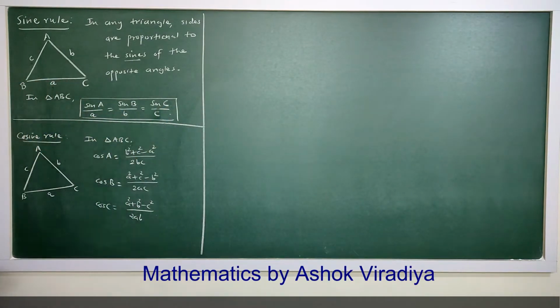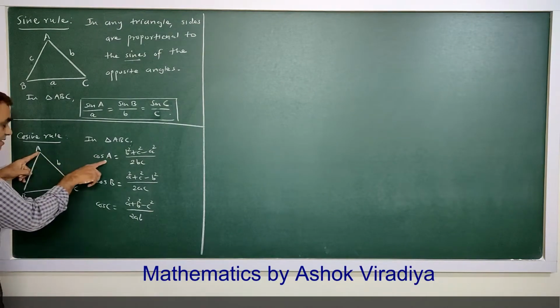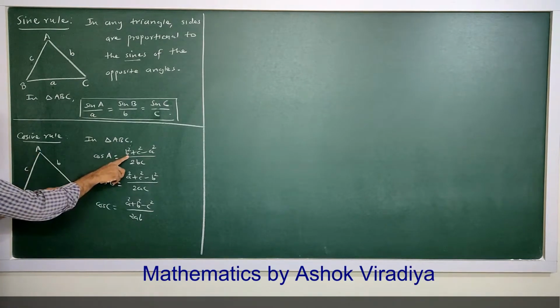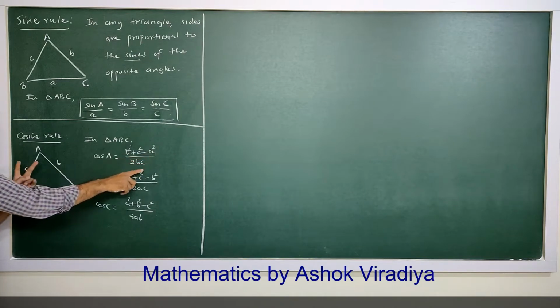Now the cosine rule. For the same triangle ABC, these are the sides. Cosine of this angle A is b square plus c square minus a square upon 2bc.